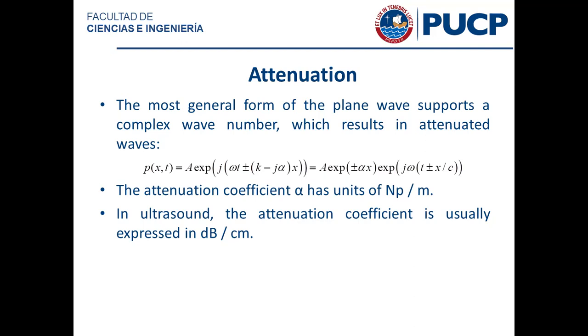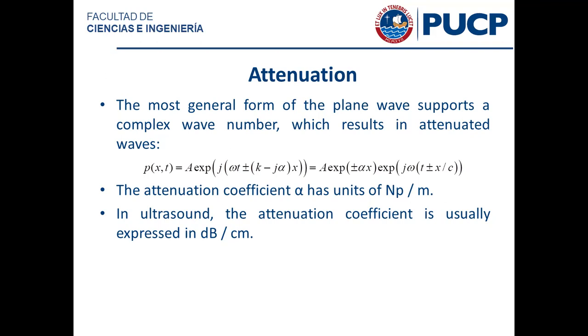For example, for soft tissues, the typical value that is assumed for the attenuation coefficient slope would be 0.5 decibels per centimeter per megahertz. Okay, so what does that mean?